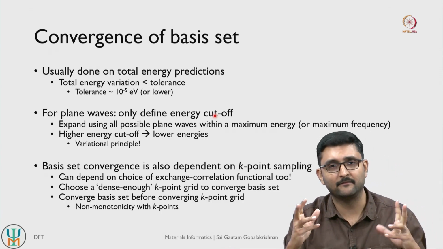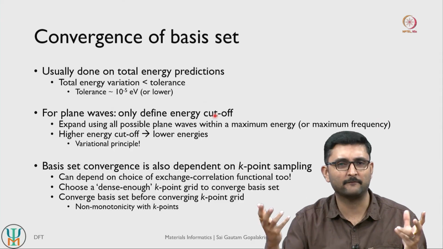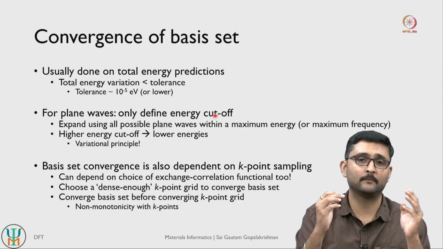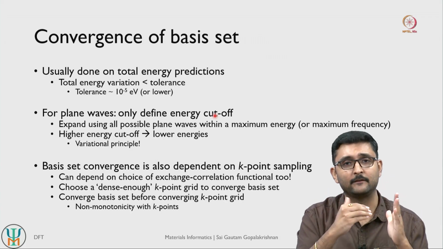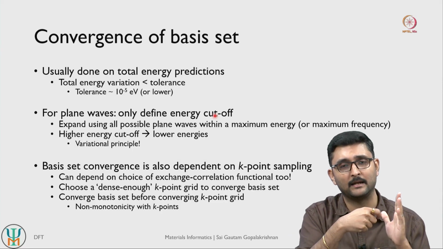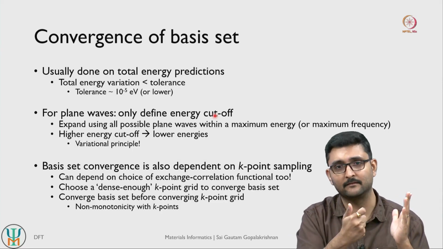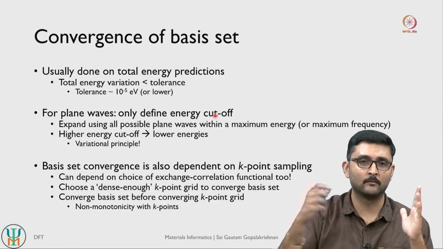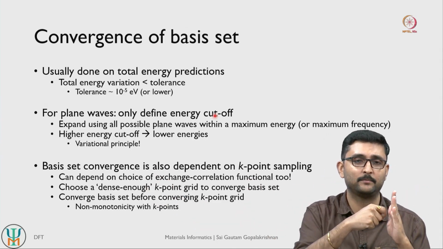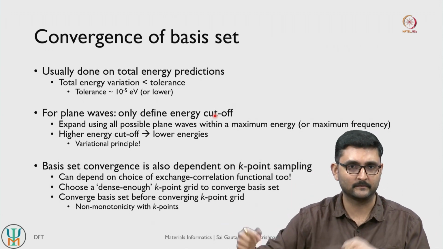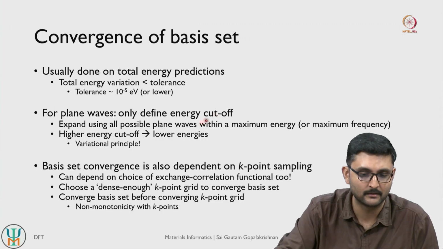In the case of plane waves, energy is equivalent to the frequency or wavelength of the plane wave itself. The higher the energy, the higher the frequency, or the more wiggly your plane wave is. The lower the energy, the lower the frequency, the higher the wavelength and hence the smoother your plane wave is. As you keep increasing the energy, your wavelength shortens and the more wiggly, the more oscillating your plane wave actually becomes.